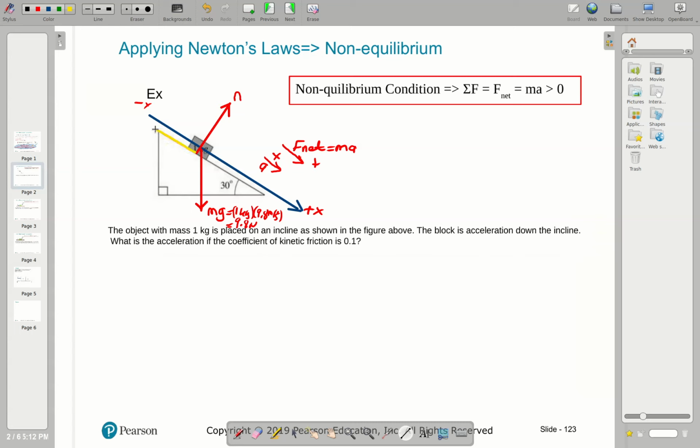Remember, friction force. It was static friction when my object's stationary. Now I have a kinetic friction. So I'm going to call it Fk. And I'm going to stick with using the friction force with a small f here. Is there anything else? Air drag, we always ignore unless we are told not to ignore it, right?